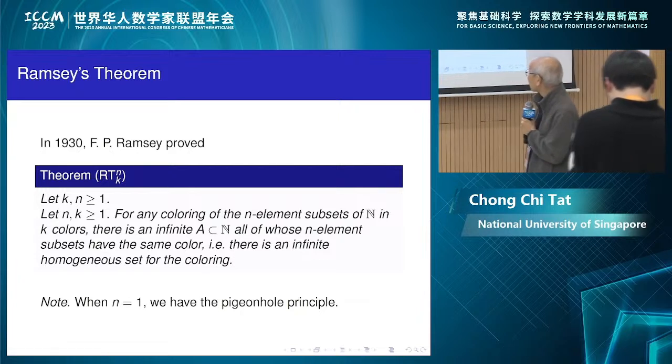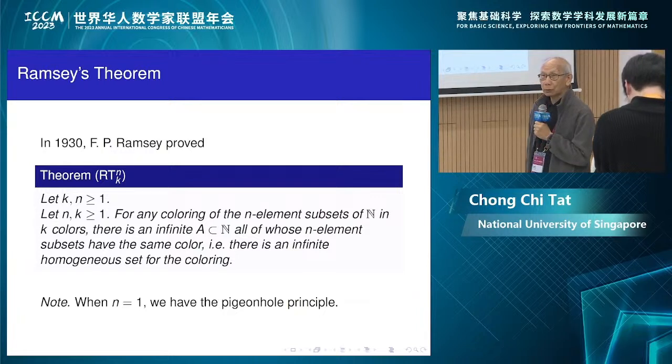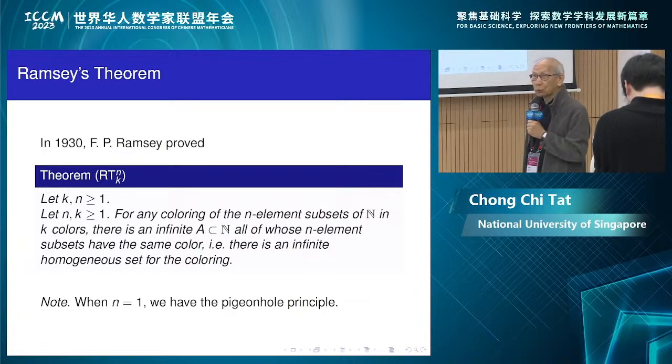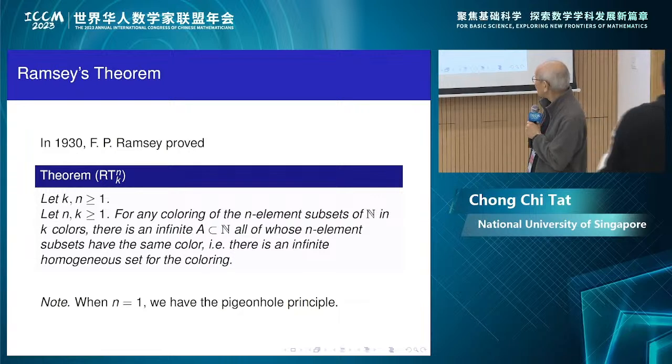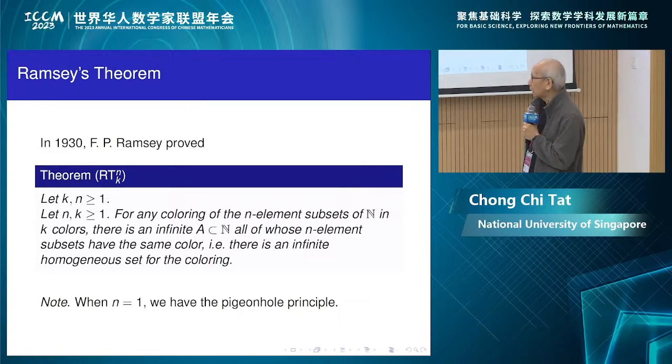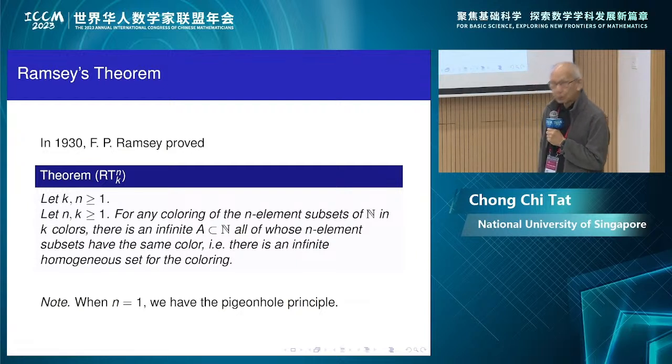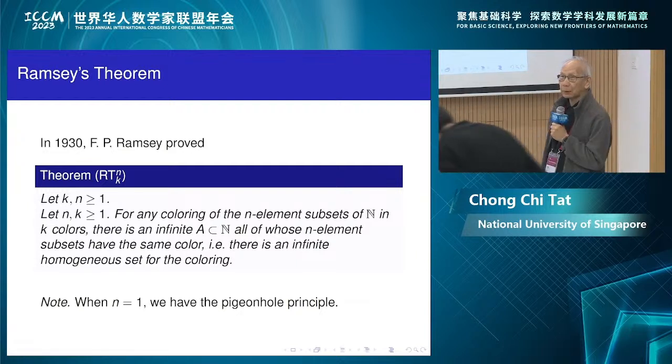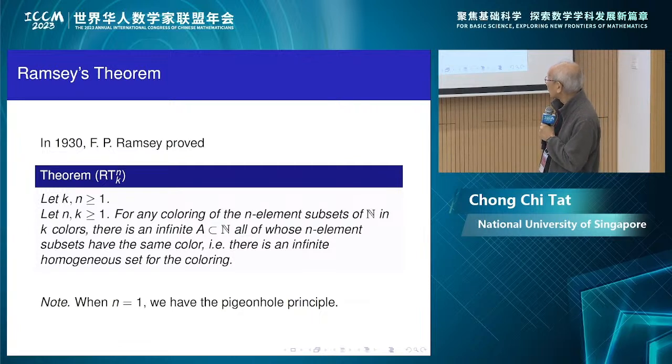And note that in the case when n is equal to 1, we are essentially talking about the pigeonhole principle, where we decompose the set of natural numbers into k parts, and then the conclusion is that there must be an infinite subset among the k parts of the partition, which is one of the k parts having infinite size.